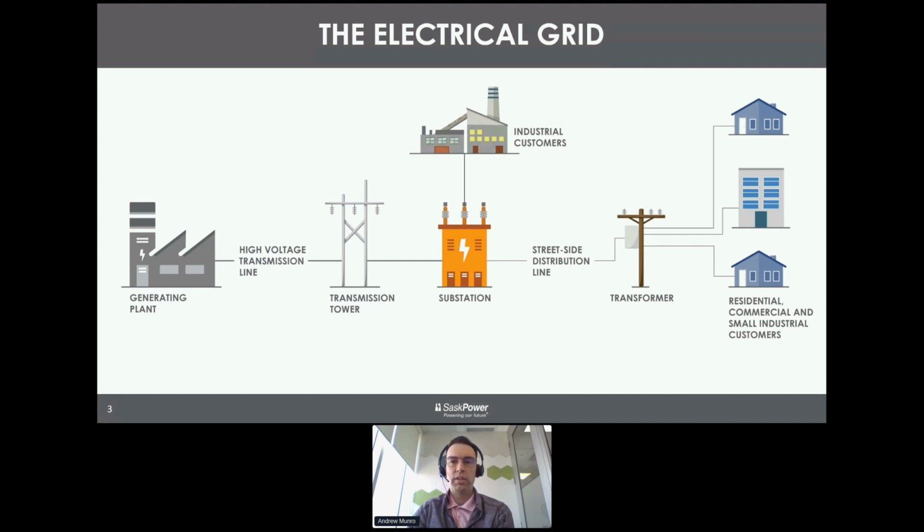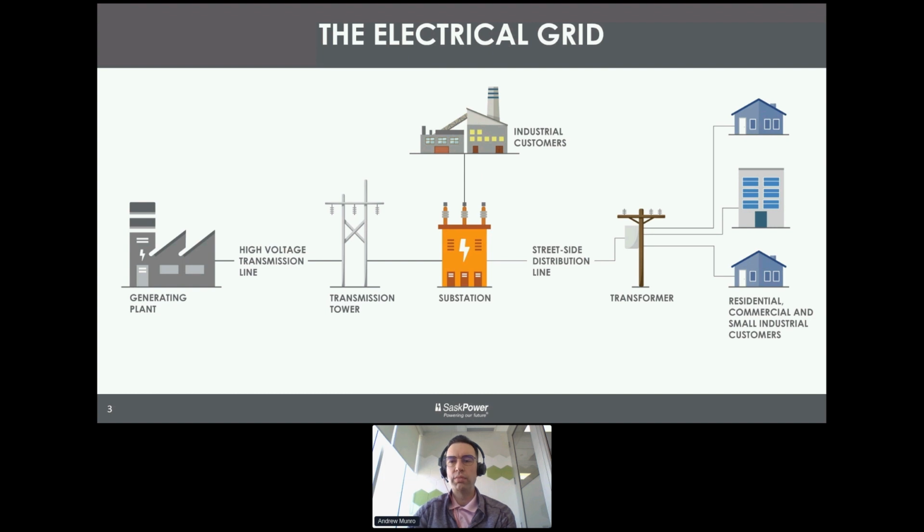The transmission grid forms an interconnected network between generation stations and supply points to major urban and industrial centers. Saskatchewan has over 14,000 circuit kilometers of transmission power lines. That's more than the distance between Vancouver and St. John's and back again.